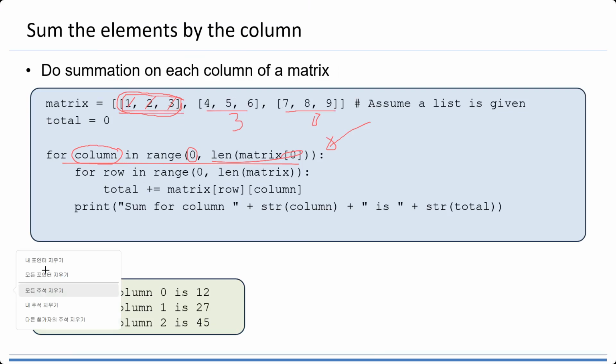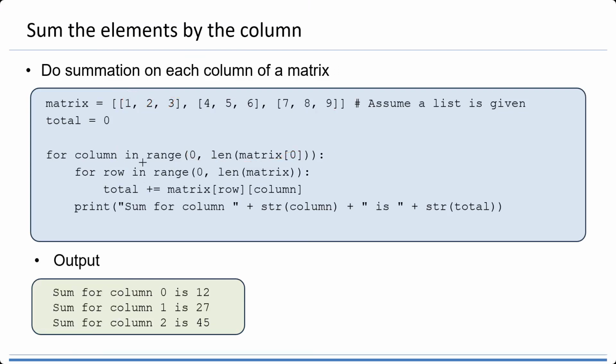Okay. Now let's see. The column starting from index 0 until the length of the matrix at index 0. It means we are going to loop from index 0 until 3. And then for every row, we will do the range from the index 0 until the length of the matrix.